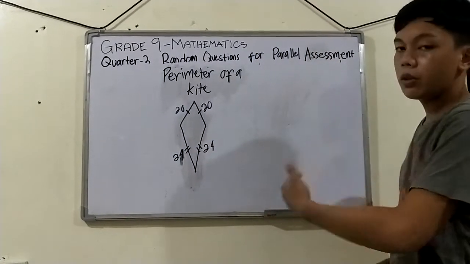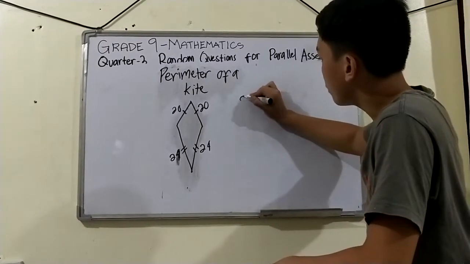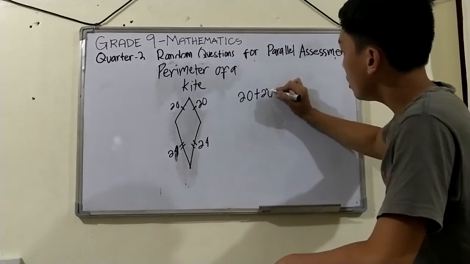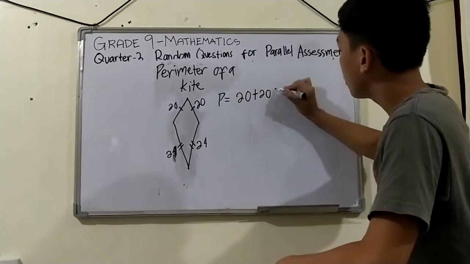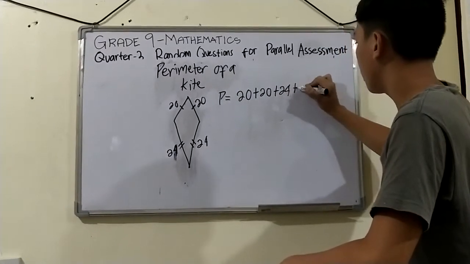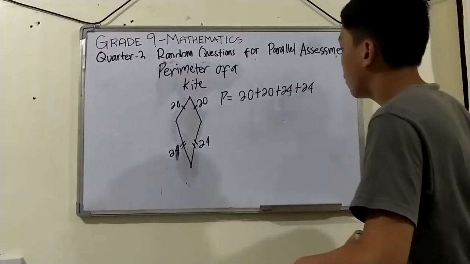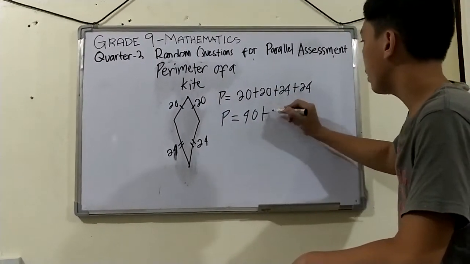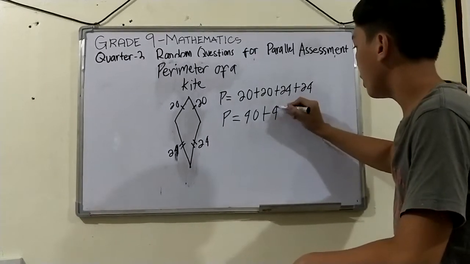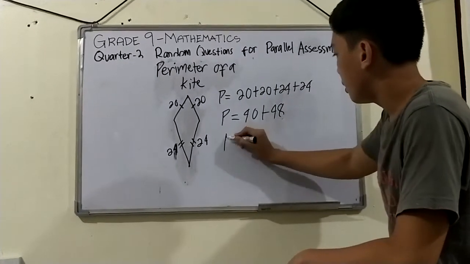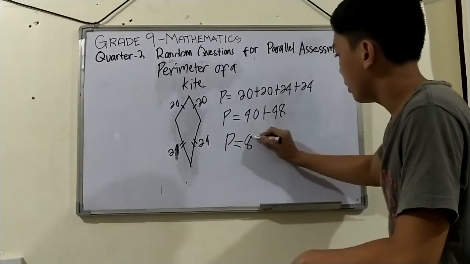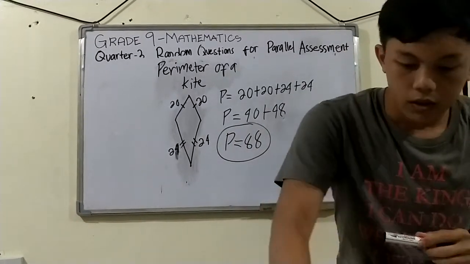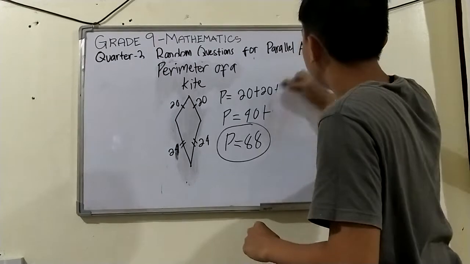Okay? To find the perimeter of a kite, we need to add all the sides of a kite. So 20 plus 20 plus 24 plus 24. So P is equal to 20 plus 20 is equal to 40 plus 24 plus 24 is equal to 48. Then the perimeter is equal to 88. Okay, so let's go to the next problem.